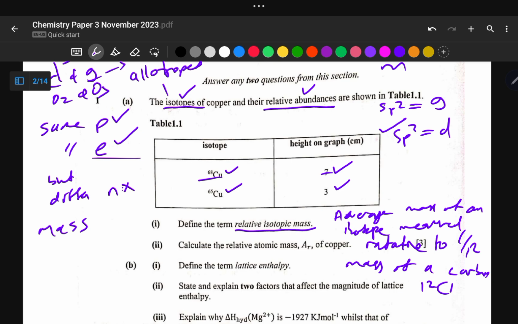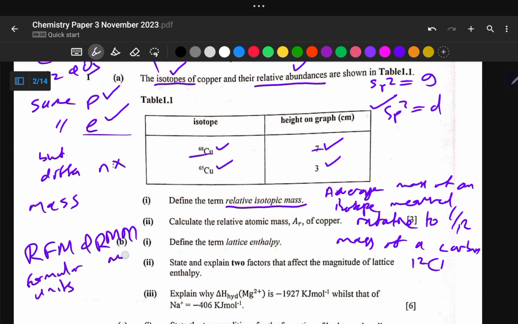molecular mass, and the mole, Avogadro's law, right? You should know the difference between relative formula mass and relative molecular mass. Here we're using formula units, and here we're using molecules, right? This one is for ionic compounds, and this one is for covalent compounds.